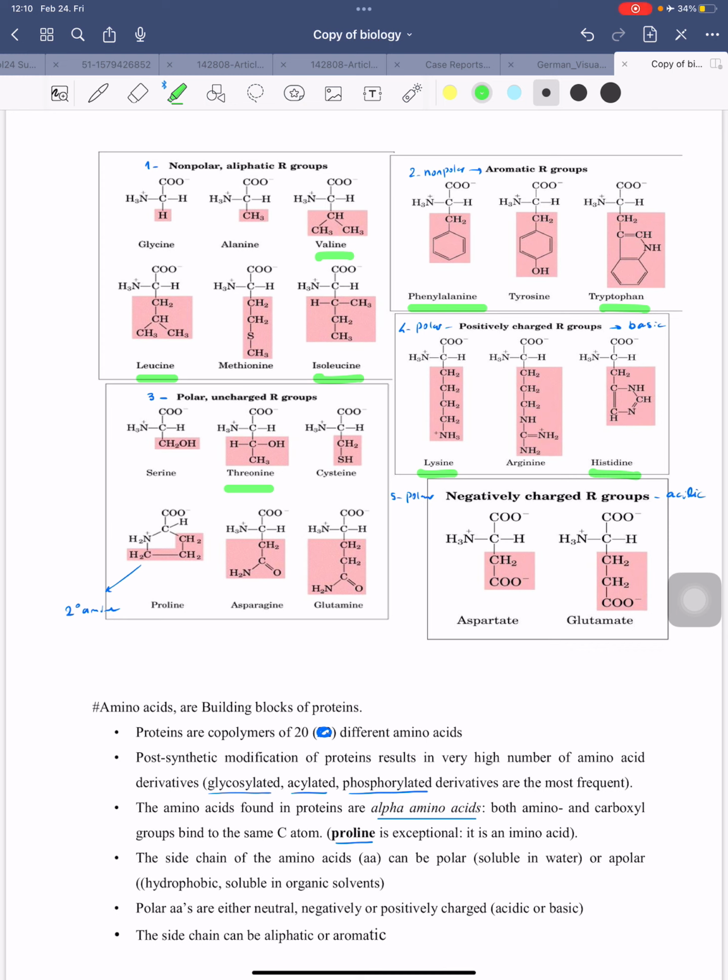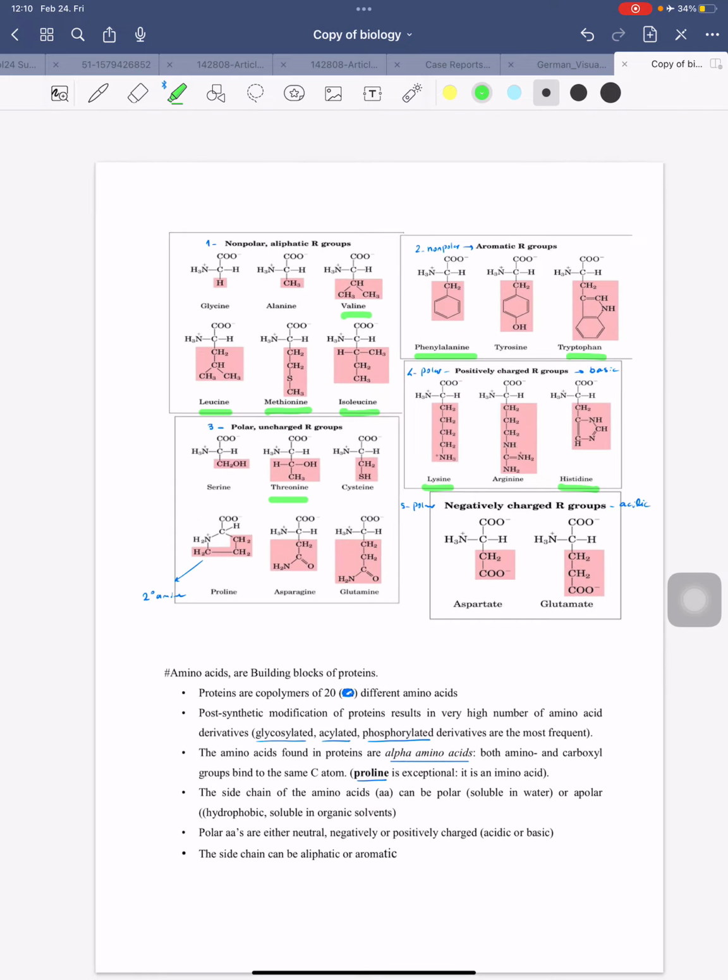It must be nine: leucine, isoleucine, valine, lysine, histidine, and we also have methionine as essential. These are the essential amino acids which the body cannot produce.